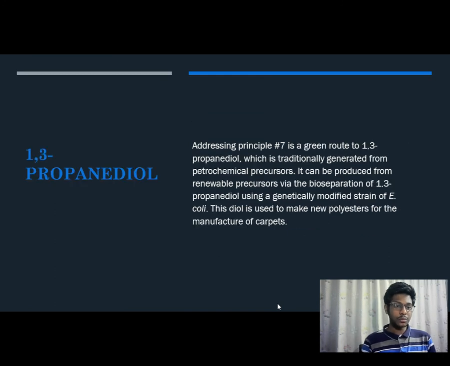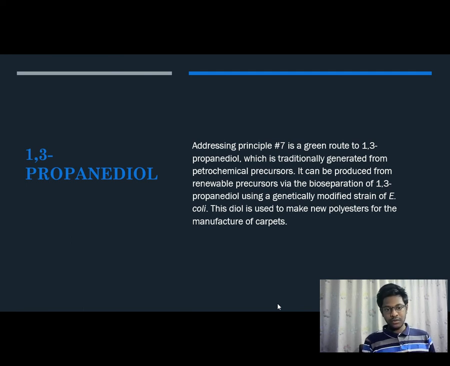Moving on, this is another chemical, 1,3-propanediol, addressing principle 7, which is about using renewable sources rather than depletable ones. It is a green route to 1,3-propanediol, which is traditionally generated from petrochemical precursors, where petrochemicals are depletable.